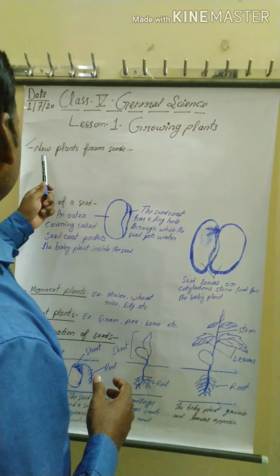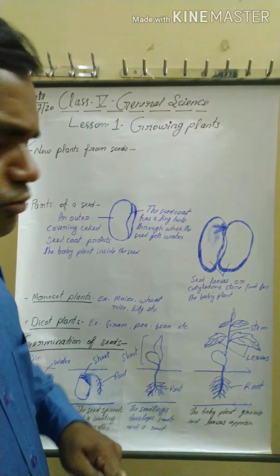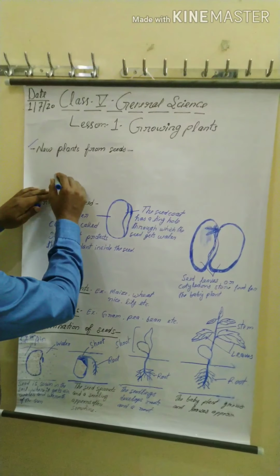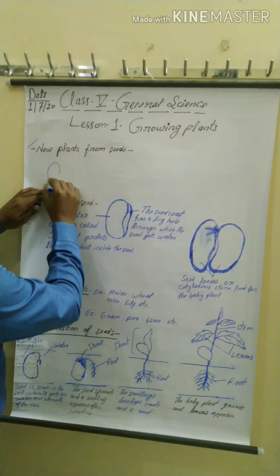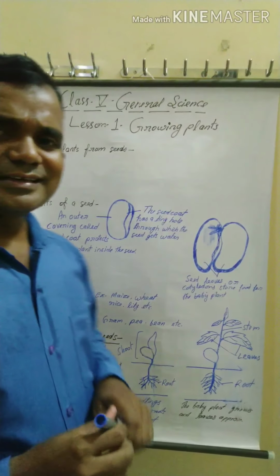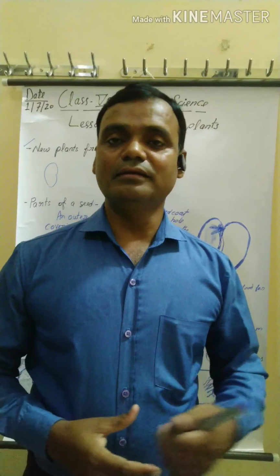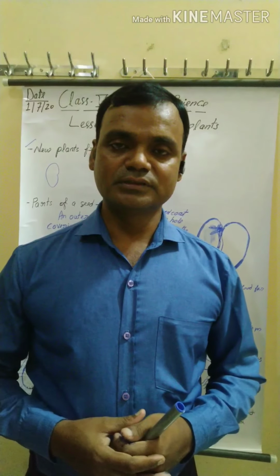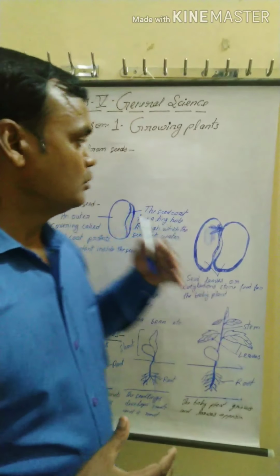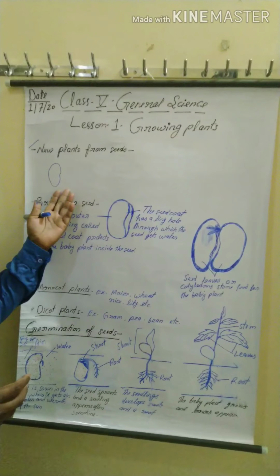Okay, how do plants grow? First, new plants grow from seeds. Suppose this is a seed. When a seed gets a proper amount of water, air and warmth, then the seed starts to germinate.